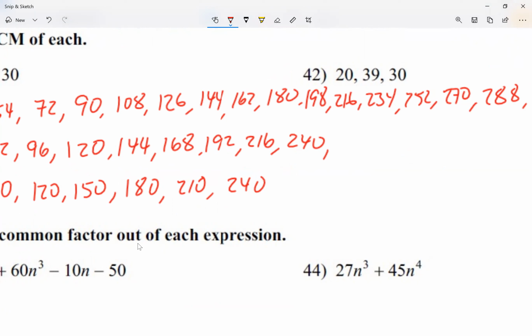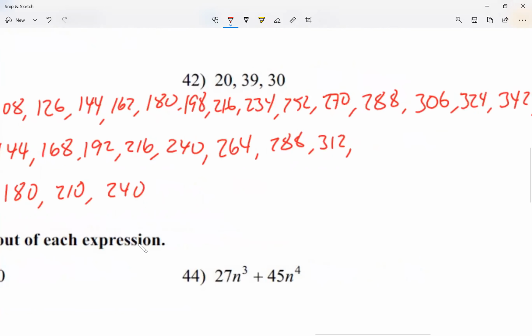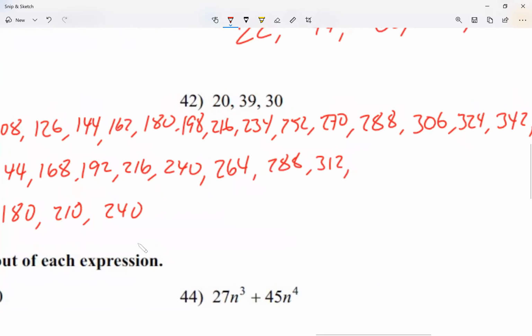My list of 24, I'm going to start here at 240. So 240 plus 24 gives me 264, 288, 312, 336, 360.